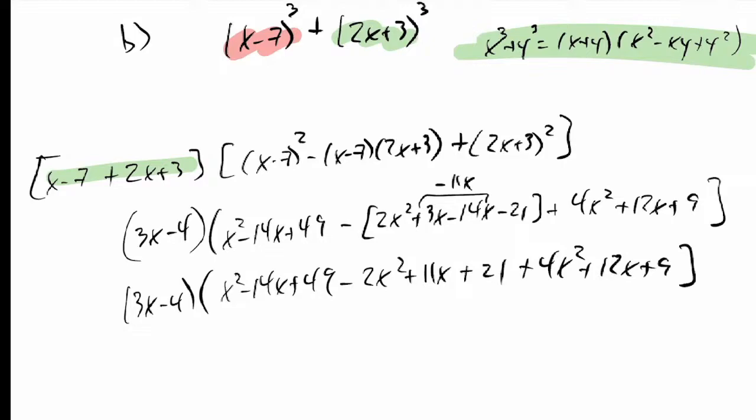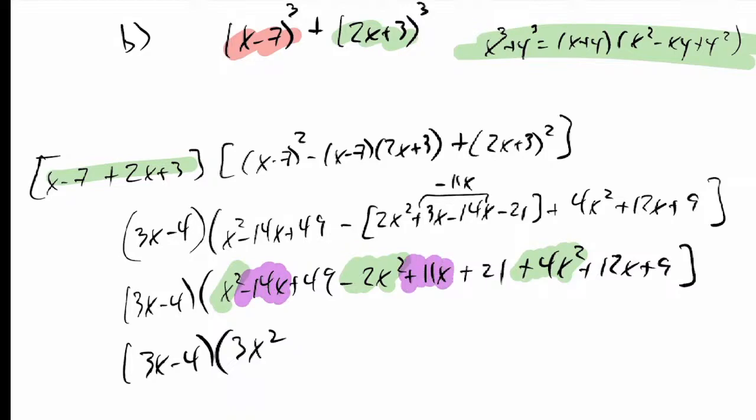Plus 21. What do we have? x squared with a minus 2x squared with a plus 4x squared. I'm getting 3x squared here. Collect up the purples. Minus 14x. And this comes out to be minus 3 plus 9x.